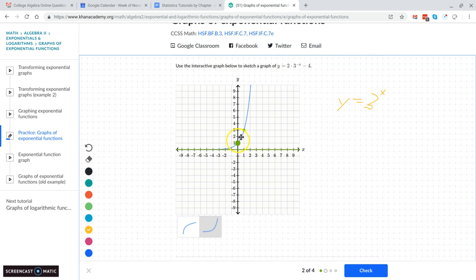It's still going to cross the y-axis in the same place, but now if I were to plug in a 1, I would get 1/3 instead of 3. And if I plugged in -1, I'd get 3, right? Because the opposite of -1 is just 1.